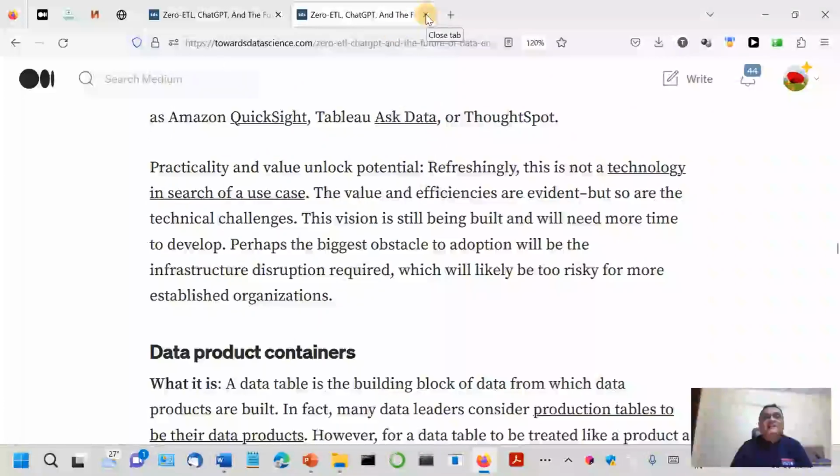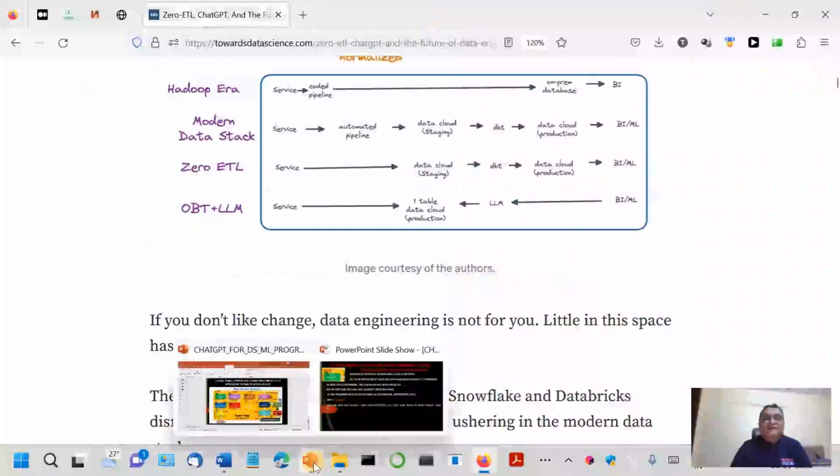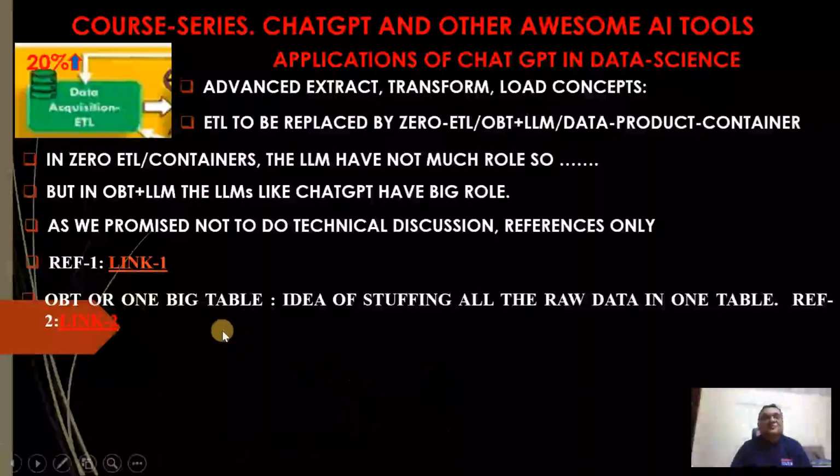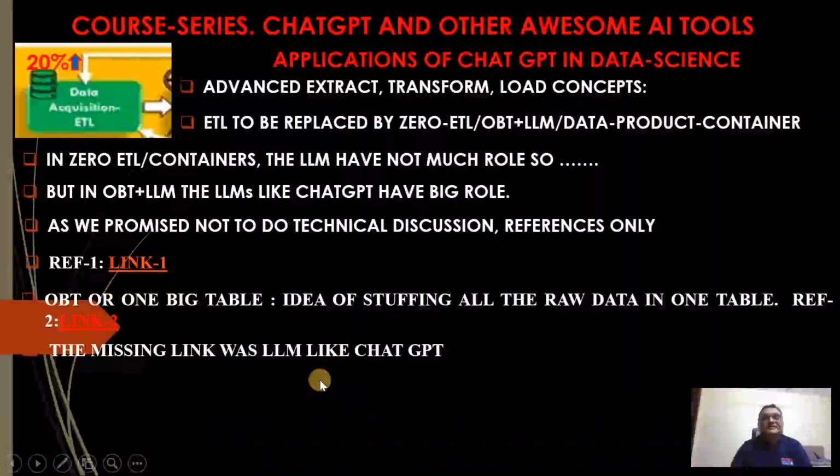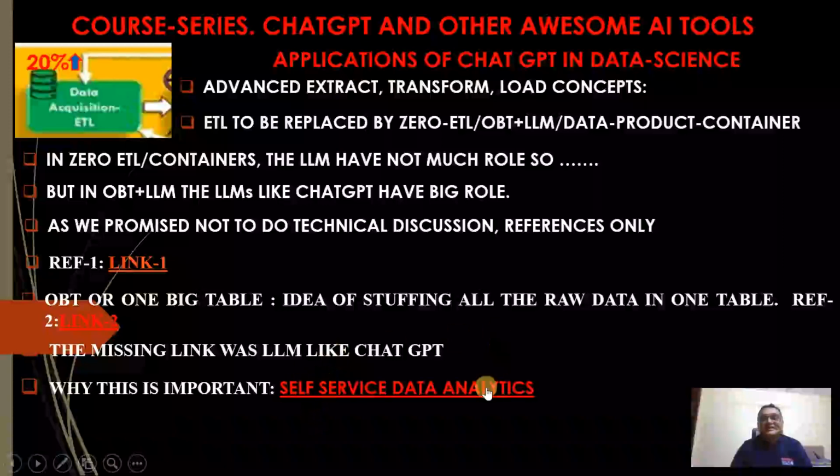Now, why is this important? Self-service analytics is important because many organizations are quite cautious about their data traveling to another organization, and particularly through the internet.